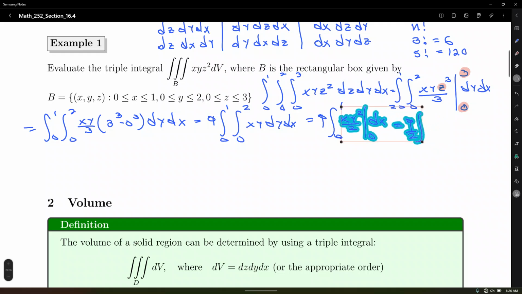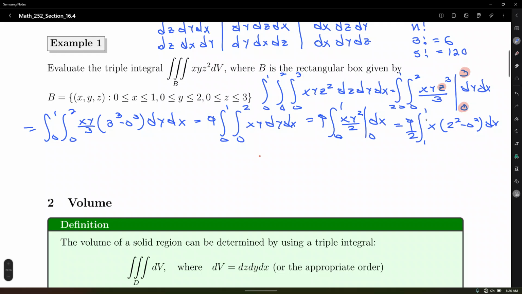So 0 to 1, that's x times 2 squared minus 0 squared dx. 2 squared, which is 4, 4 minus 0, that's still 4, divided by the 2 in the 9 halves, that's going to give us a 2.